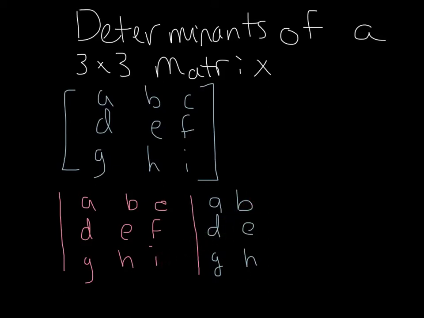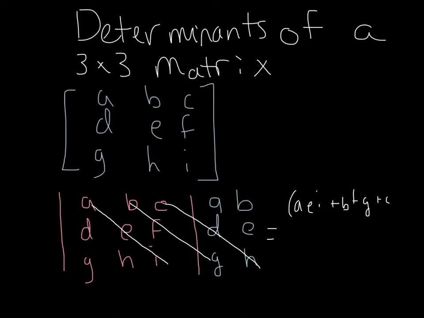So what happens is you multiply A, E, and I together, and we get AEI. And then you multiply B, F, and G together and add it, so BFG. And then you're going to multiply C, D, H together and add it, CDH.